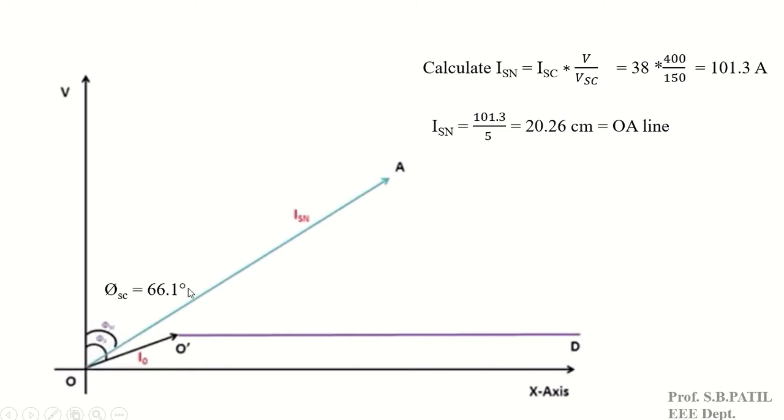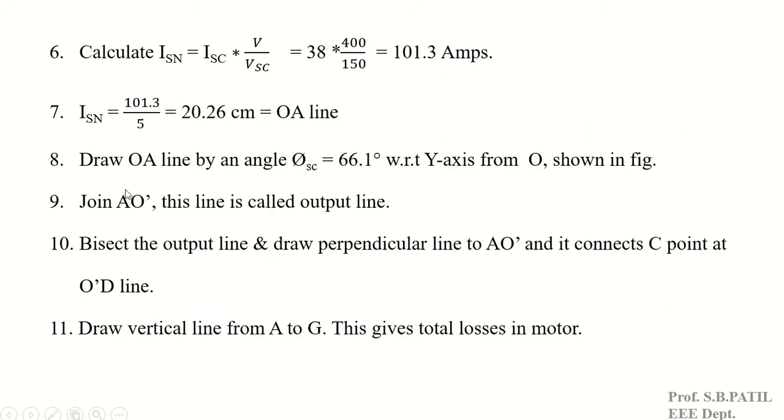Take this OA line from the y axis at an angle of 66.1 degree, that you calculated here, with respect to the y axis from O, that is shown in the figure. Join AO, this line is called the output line.